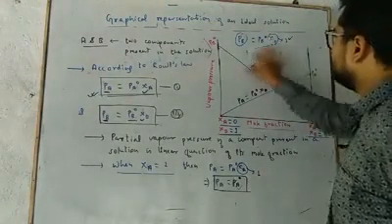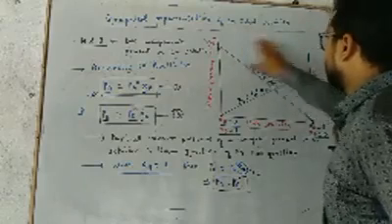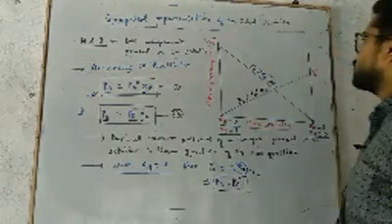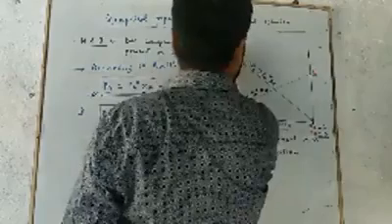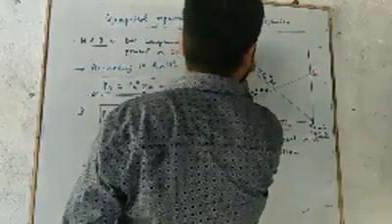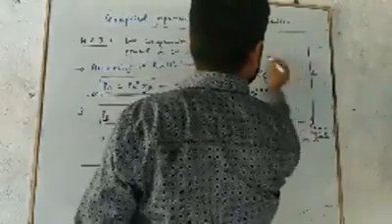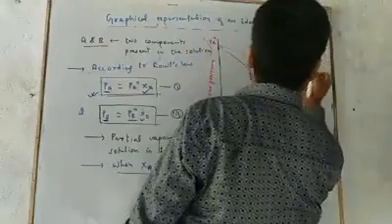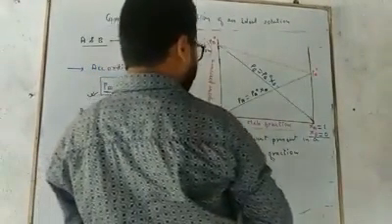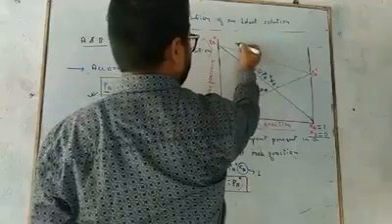So these two lines are graphs for component A and graphs for component B, and when you combine these two, when you join these two points, this will give you P total.